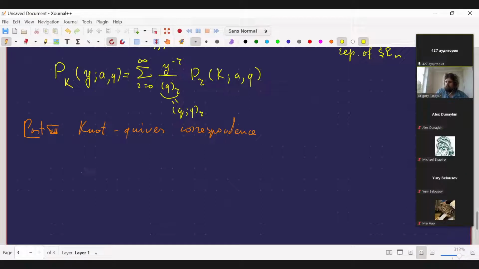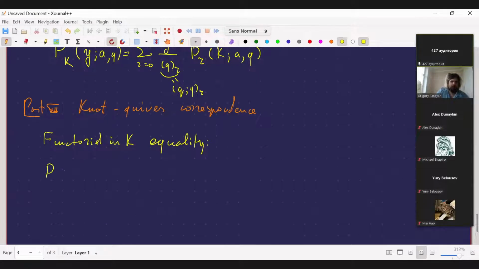So it's functorial in K. K equality that the HOMFLY-PT polynomial of K should be equal to the following motivic generating function for a certain quiver.